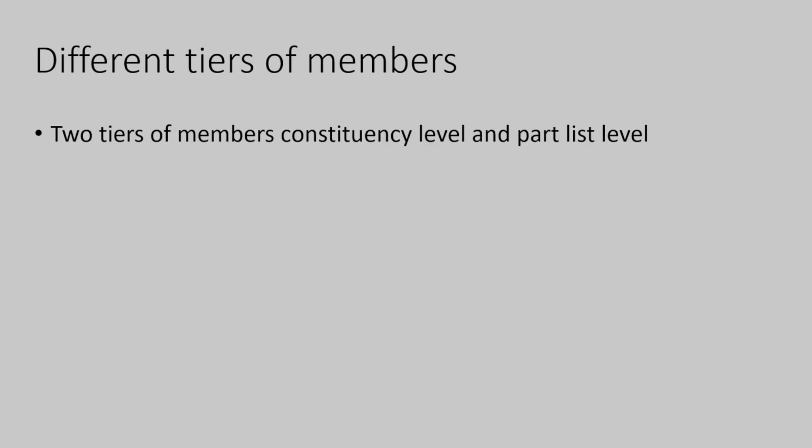And this can create a very funky system, especially since the two largest parties are going to typically dominate the constituency level seats, and the small parties are going to be mostly done by party list, with a couple exceptions.